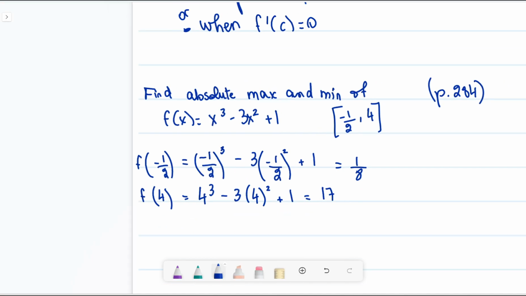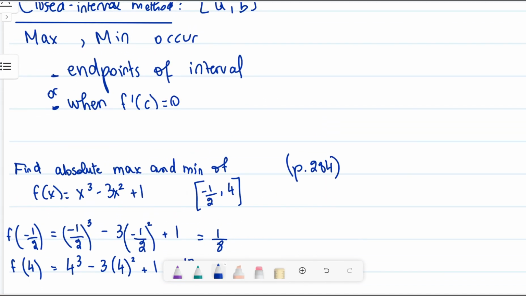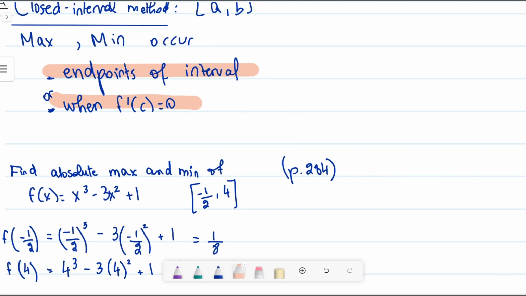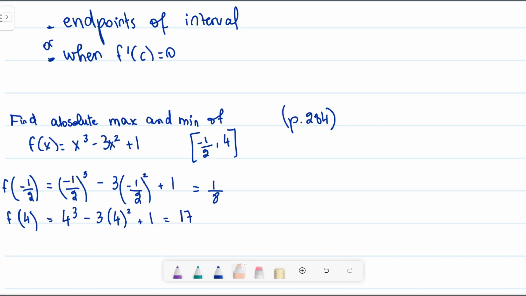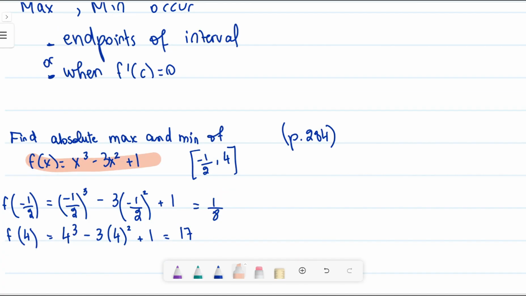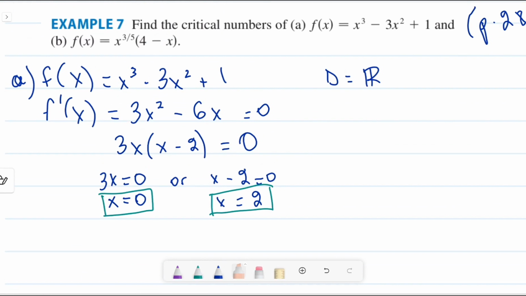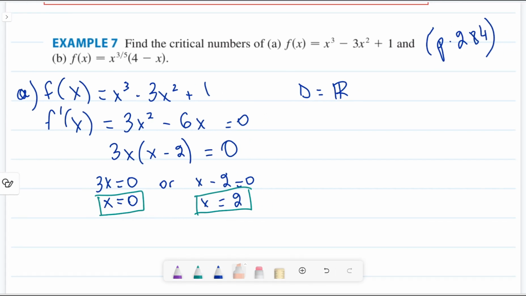No, we are not done, because we said that a maximum or minimum can occur at the endpoints of the interval, which we did. Now we need to cover the second idea, when the derivative is equal to 0. When is the derivative equal to 0? In fact, we already worked with this same function a few minutes ago. This is the exact same function, and we said that the derivative equals 0 when x equals 0 or x equals 2.